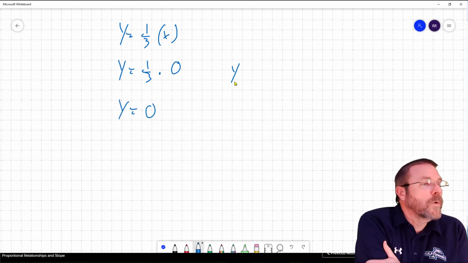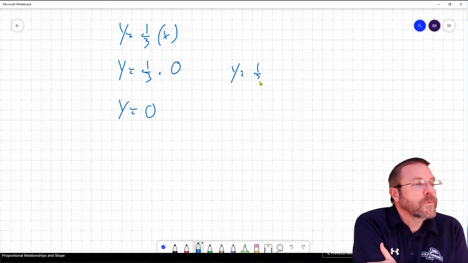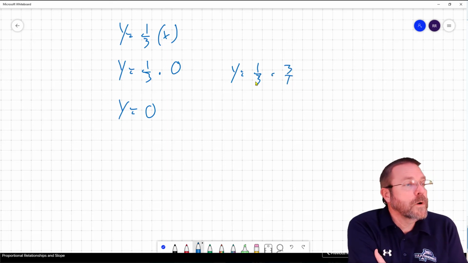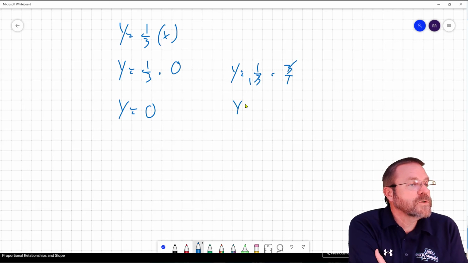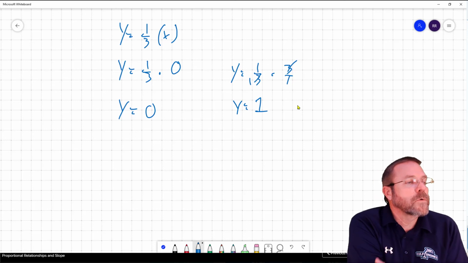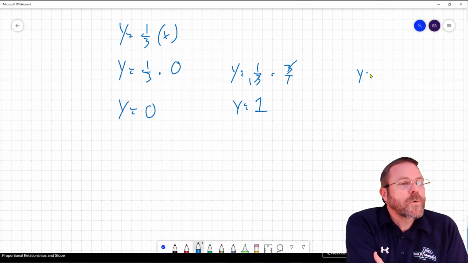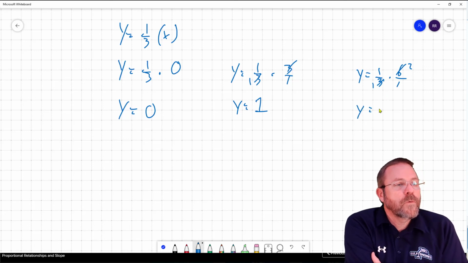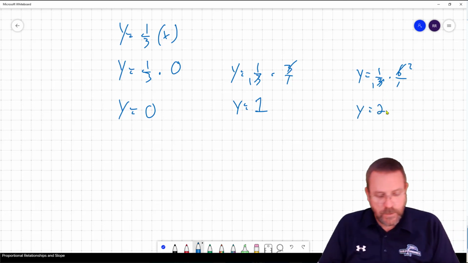I'm going to do y is equal to 1/3 times 3, otherwise known as 3 over 1. And those simplify, which means y is going to equal 1. And then I'm going to do one more that says y is equal to 1/3 times 6. I chose 6 because it'll simplify as well. And when I multiply that out, I get 2 over 1, otherwise known as 2.